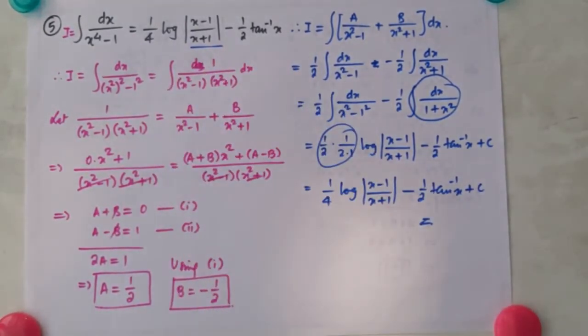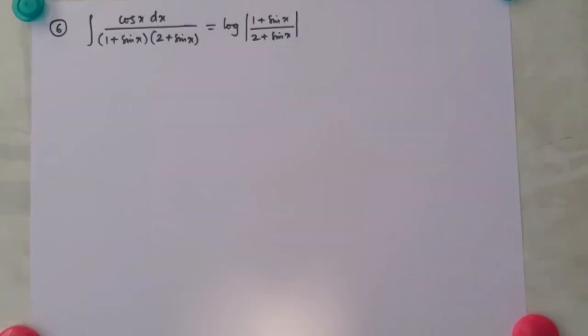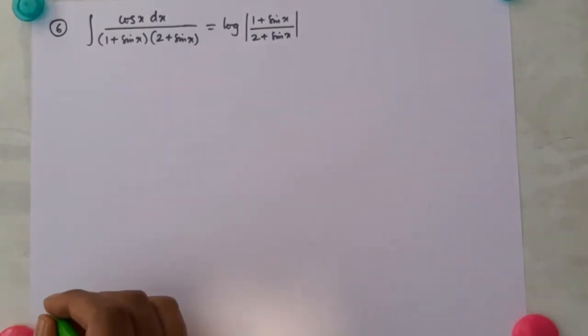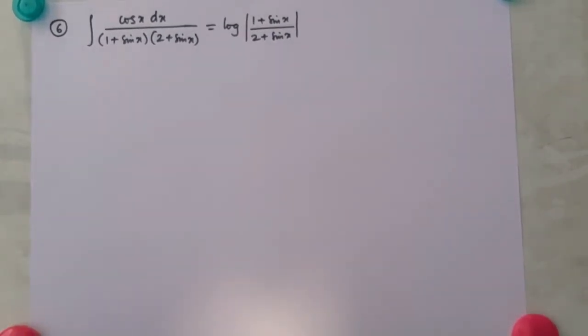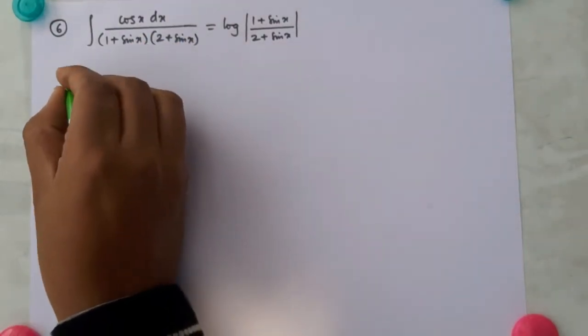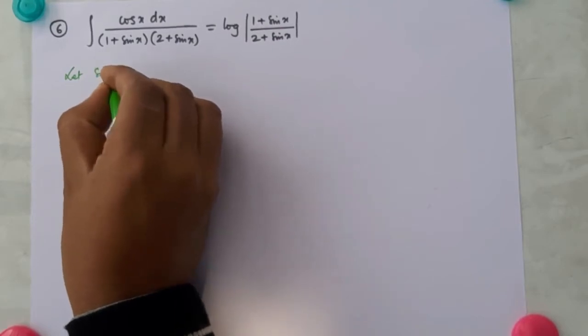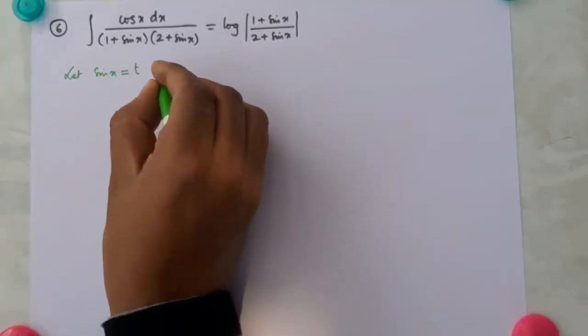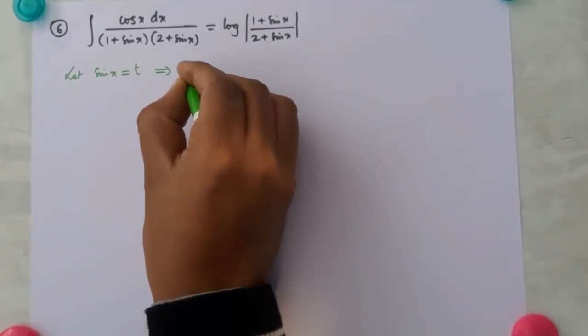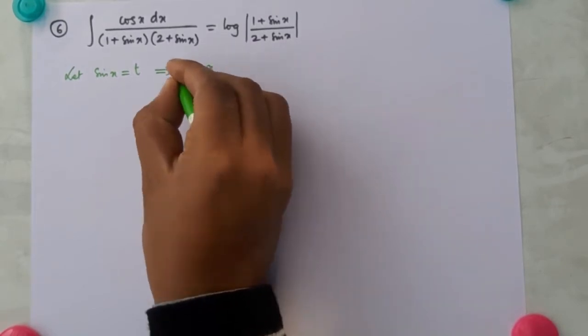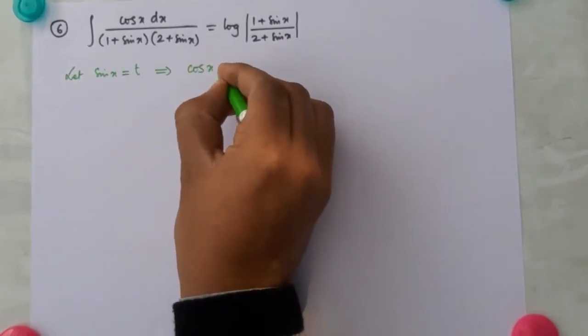So pause it and note it down. Okay, so let's have a look at this question. Here, first and foremost, you have to do a substitution. In fact, I'm not going to solve the entire problem, I'll just give you some hint. So let's substitute sin x is equal to t. So you will get cos x dx is equal to dt, since the differentiation of sin x is cos x.